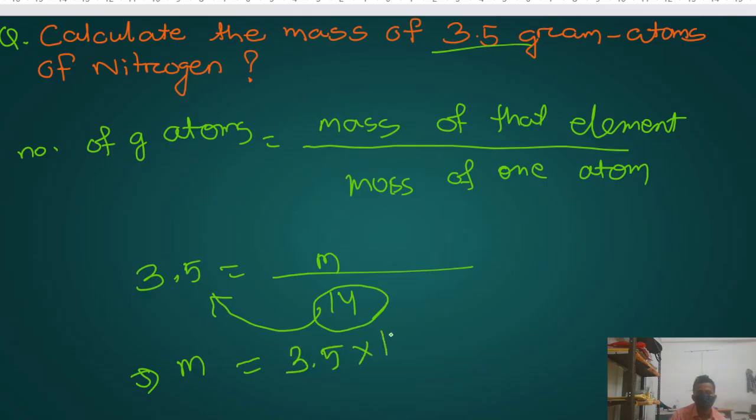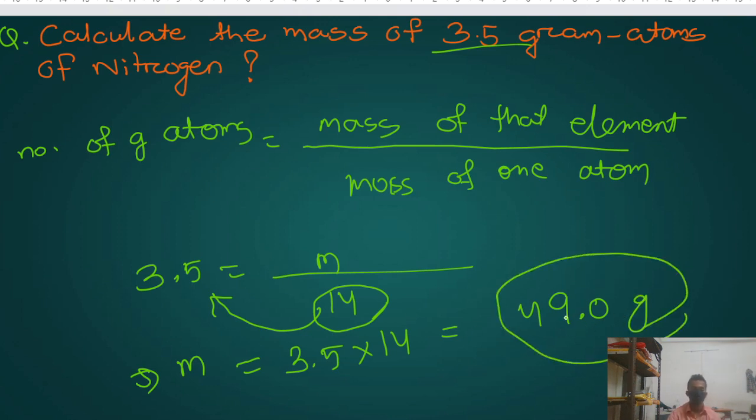By calculating this, we get 49. So 49 grams of nitrogen was given to us, that we calculated.